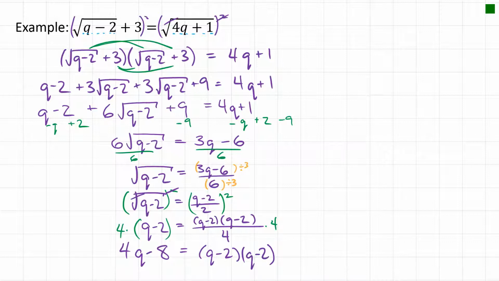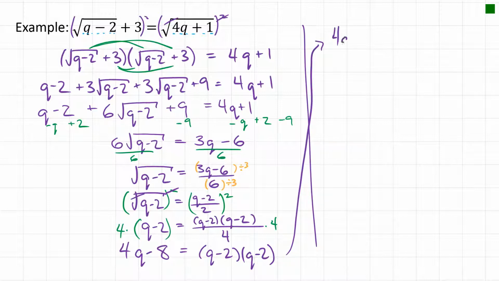And I'm going to continue that up here. So I have 4q minus 8 is equal to, and I'm going to FOIL this guy out quickly here, q minus 2q minus 2q plus 4. So I have 4q minus 8 equals q squared minus 4q plus 4.